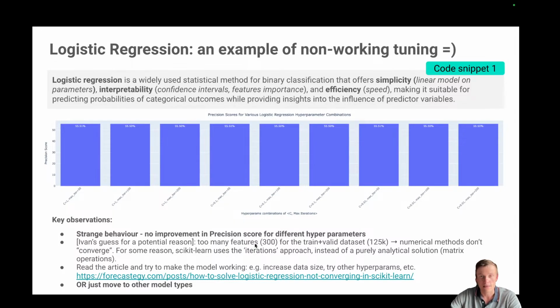It is maybe only 500 records per each feature, and it may be not enough to train that many features. And one more addition is that Scikit-learn uses a numerical implementation of this model.